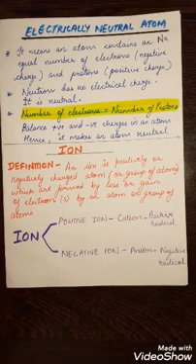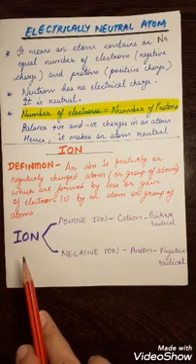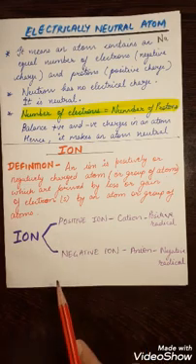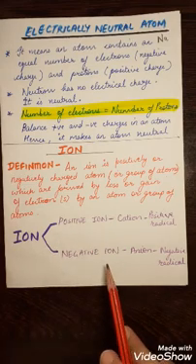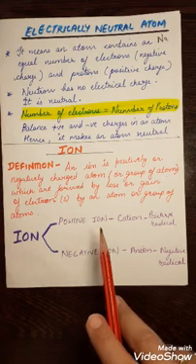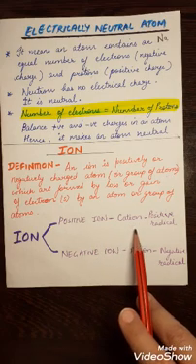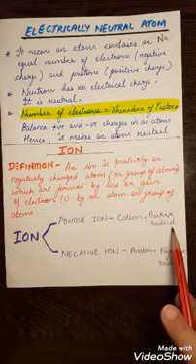Hence, we can categorize the ion into the two categories, positive ion and negative ion. Positive ion carries a positive charge on it. Hence, it is known as a cation, or you can say it's a positive radical.